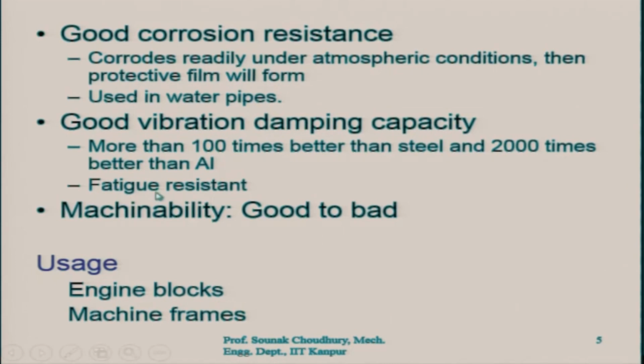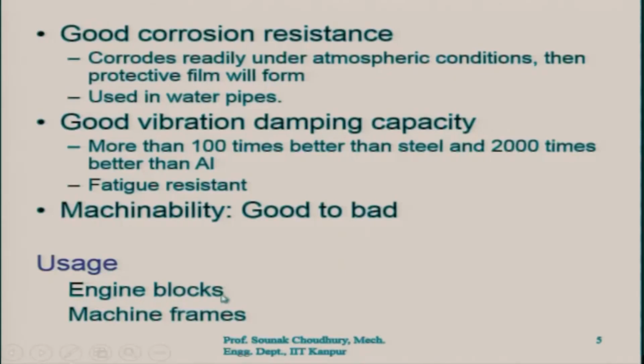Right. Fatigue resistant. Fatigue is the repetitive load. So, it can withstand the repetitive load for a longer time than the comparative materials. Machinability is good to bad, in the sense that it is a brittle material.